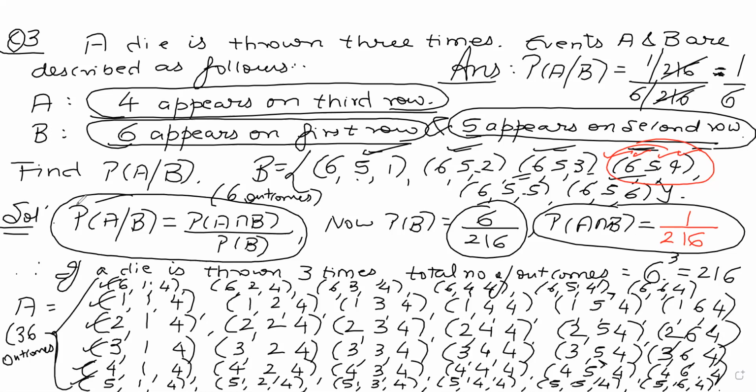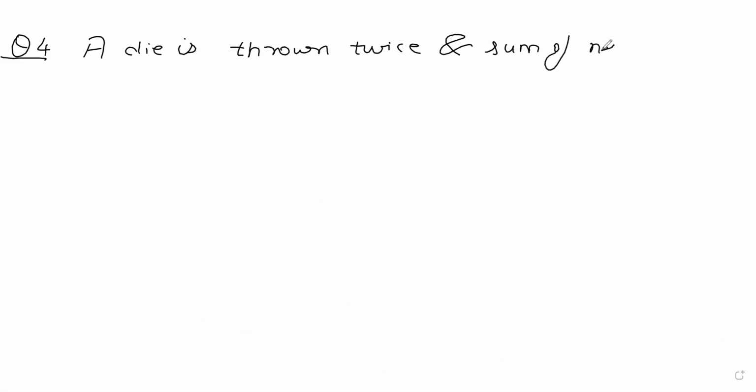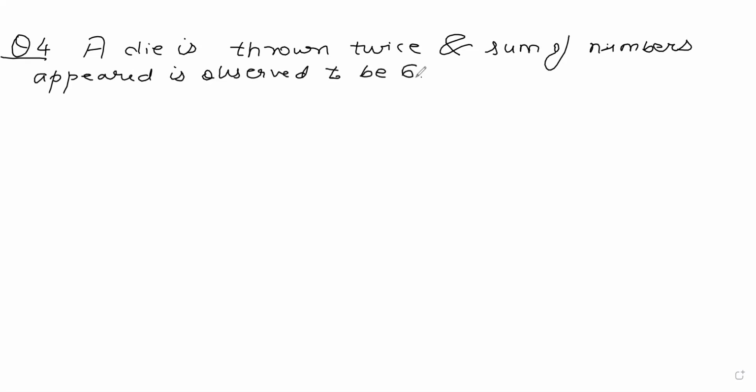Okay, let's move on to the next question. Question 4. A die is thrown twice and the sum of the numbers appearing is observed to be 6.